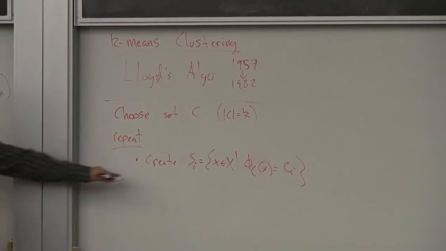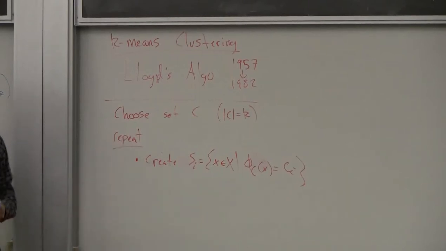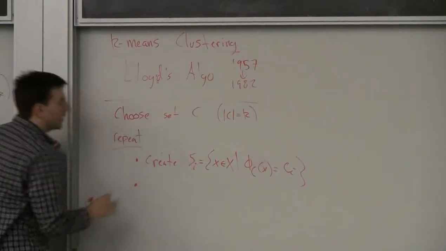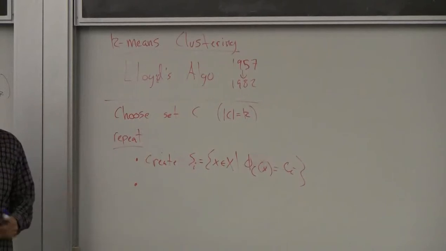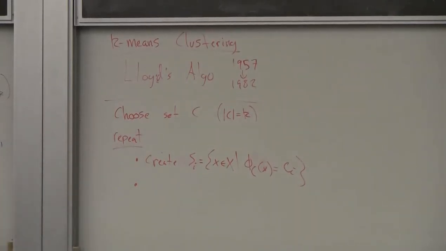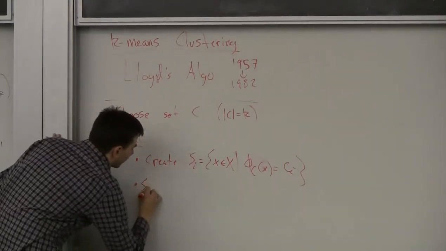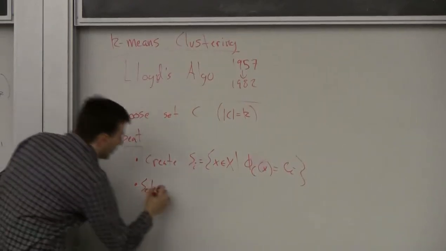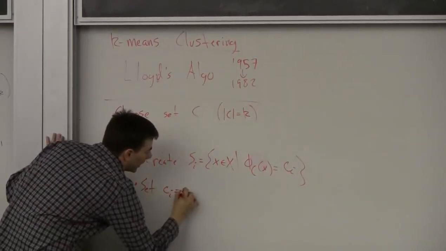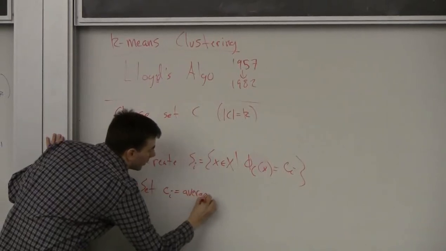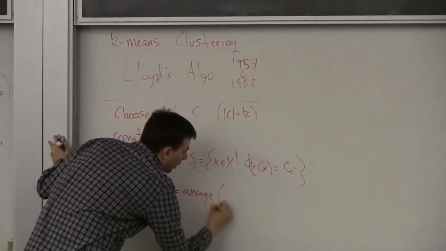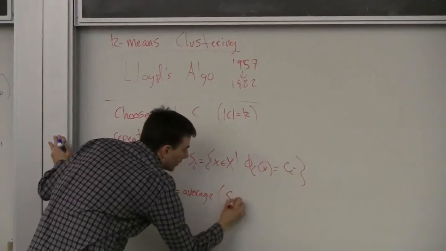Okay, so we could stop here, but we're going to repeat something. The thing is, this choice of centers may not be the best choice, right? The solutions from the Gonzalez algorithm tend to pick them on the outside. Really, this center may be better in the middle of the points it represents. So the next step is to reset the center point. We set Ci equal to the average of all the points in Si.